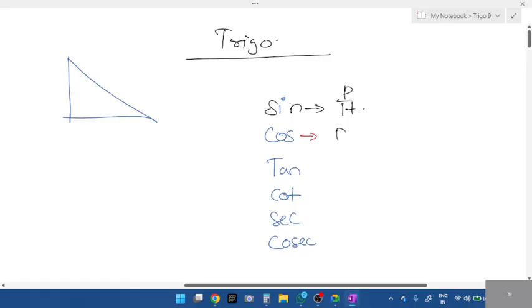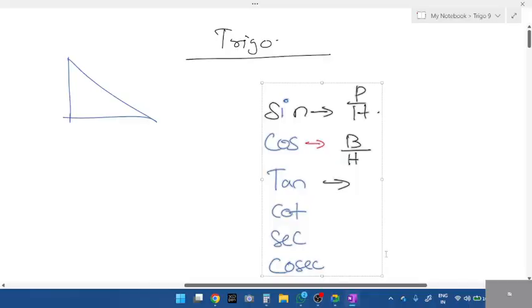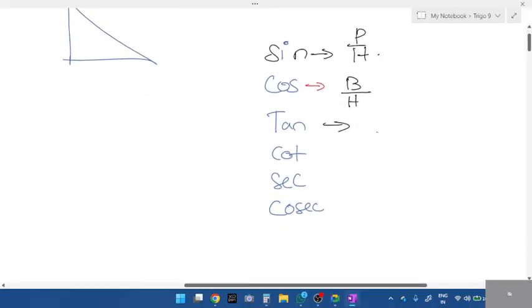What is tan? Tan is equal to, take the first from both sine and cos, perpendicular by base. If you remember these three, that is enough.